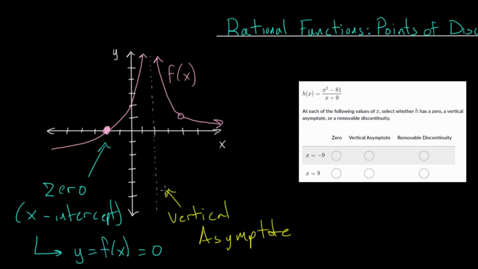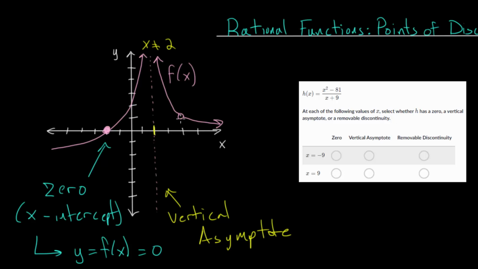So in this case, since we're at an x value of 2, x cannot equal 2, since in this made-up function, if we were to plug 2 into the function, we would end up with a denominator of 0, and you cannot divide by 0. So vertical asymptotes are where you have division by 0.